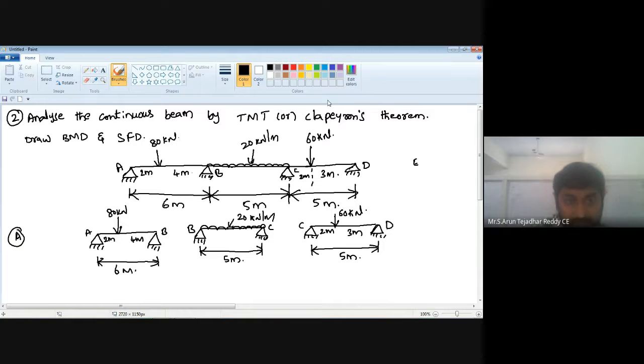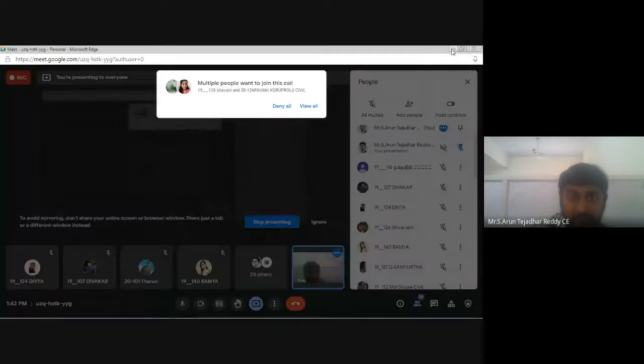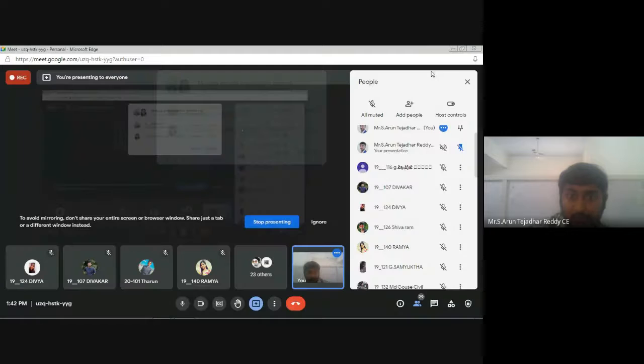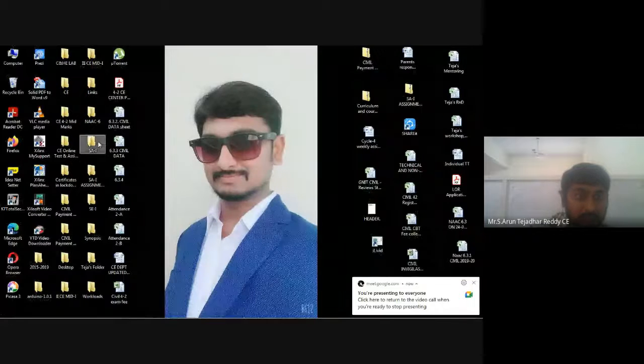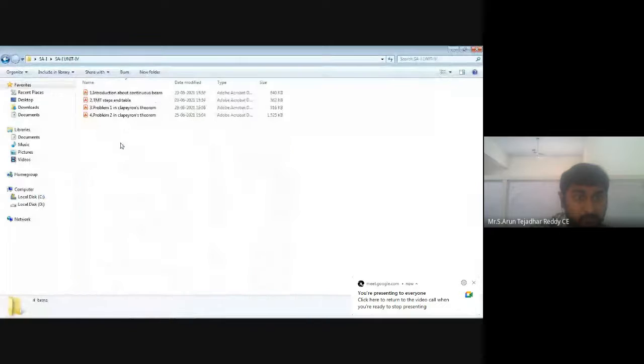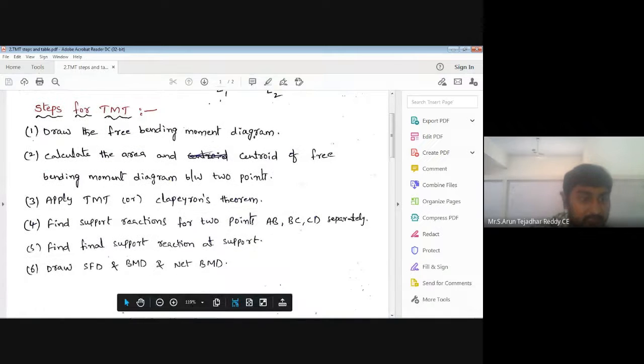Now, in continuous beam, we have to follow totally 6 steps. In that 6 steps, what is the first step here? Once I'll show you the TMT steps and a table here. We have hardly 6 steps.